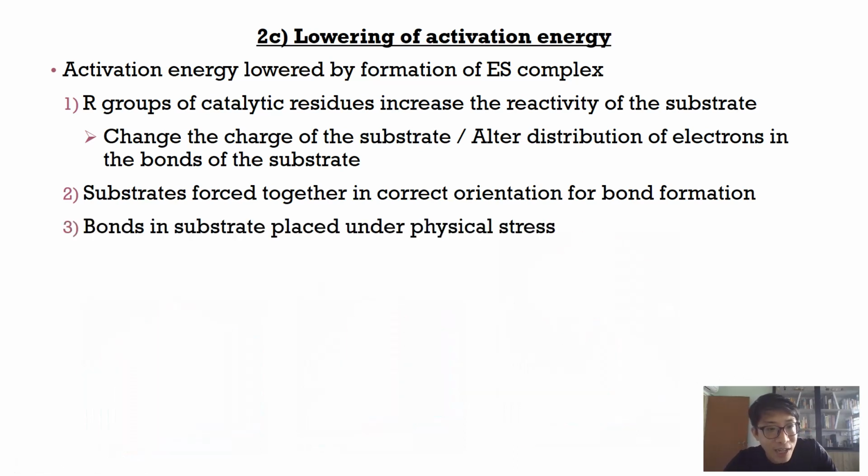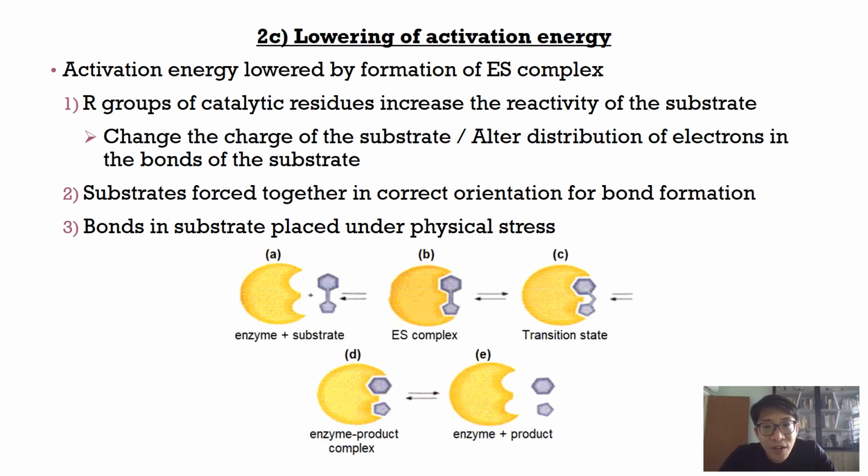And thirdly, the bonds in the substrate can be placed under physical stress, also due to the induced fit hypothesis. As you can see here, once the substrate has bound to the enzyme, there is a slight conformation change of the enzyme and the active site, and in this case, it bends the bond. Of course, this is a representation.